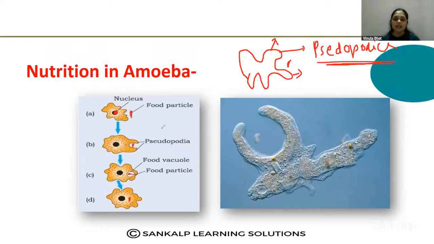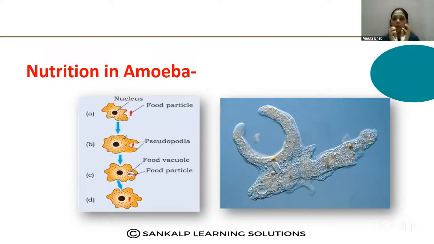See here, the food particle is also present near the amoeba. Then the amoeba extends the pseudopodia around that food particle. See how the pseudopodia are growing around the food particle, which then engulf the food particle.